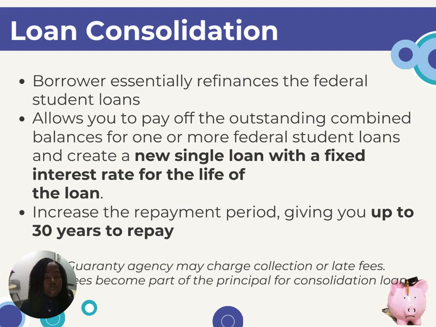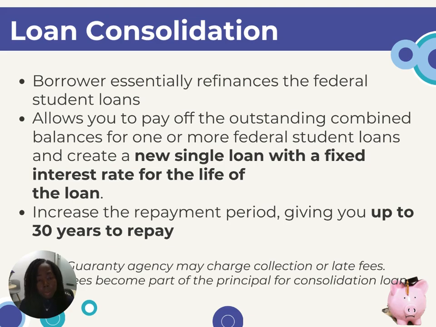It increases the repayment period, giving you up to 30 years to repay. And one great thing about the loan consolidation is that you then have an additional 3 years worth of forbearance and deferment time. So that's helpful for a lot of people.